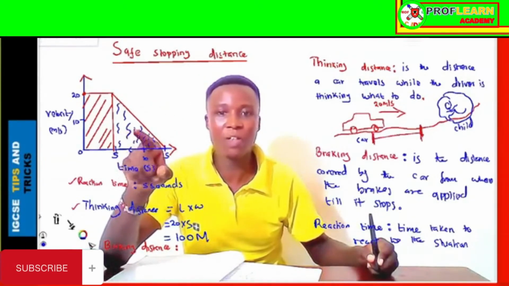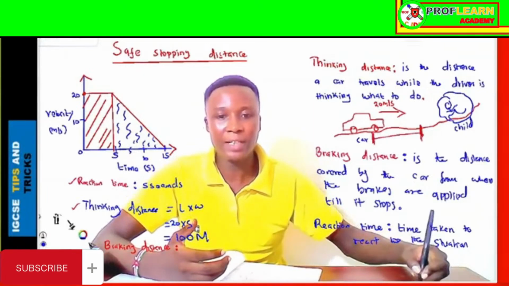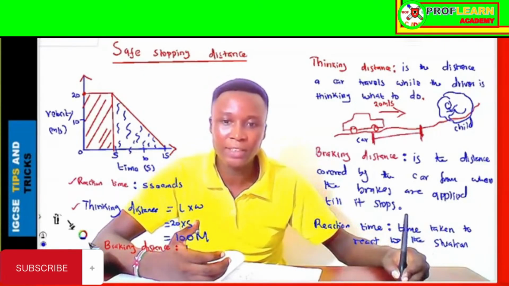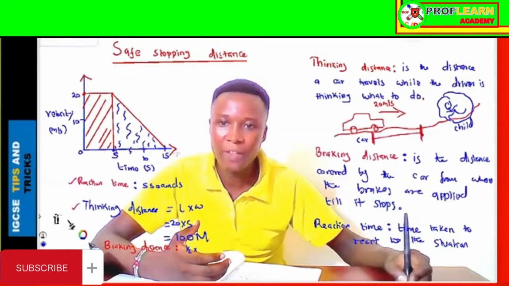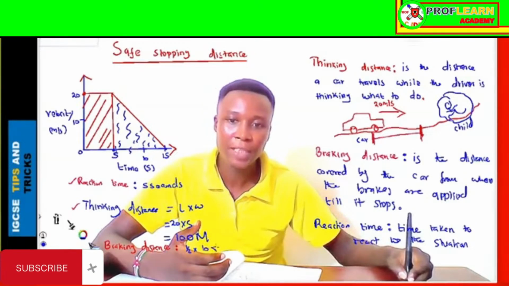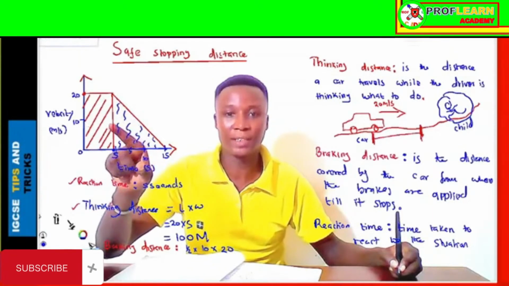And this area here of a triangle is going to give us the braking distance. And in that case, to get the braking distance is going to be a half times base times height, which is the base is from 5 to 15, that is 10, times the height, which is 20, because you can see clearly the rectangle and the triangle are sharing the same height.